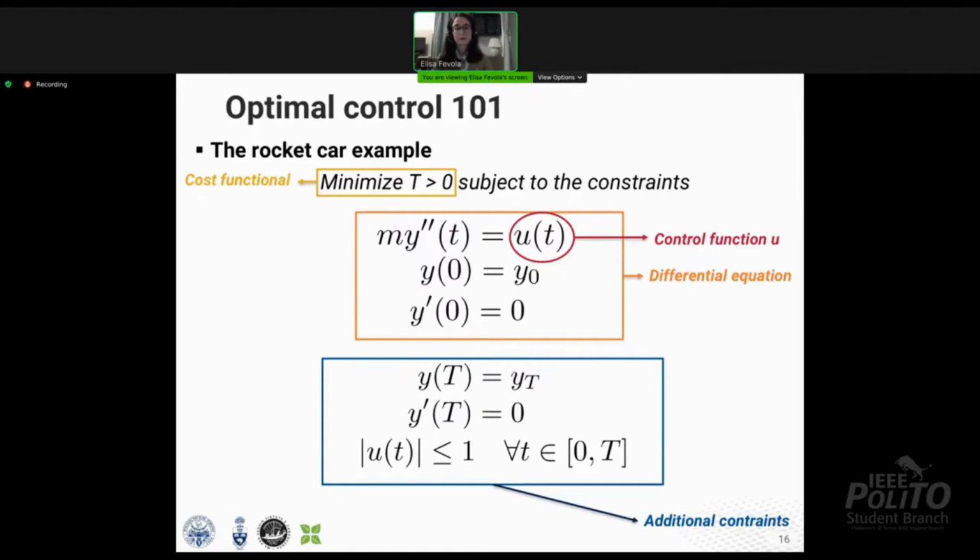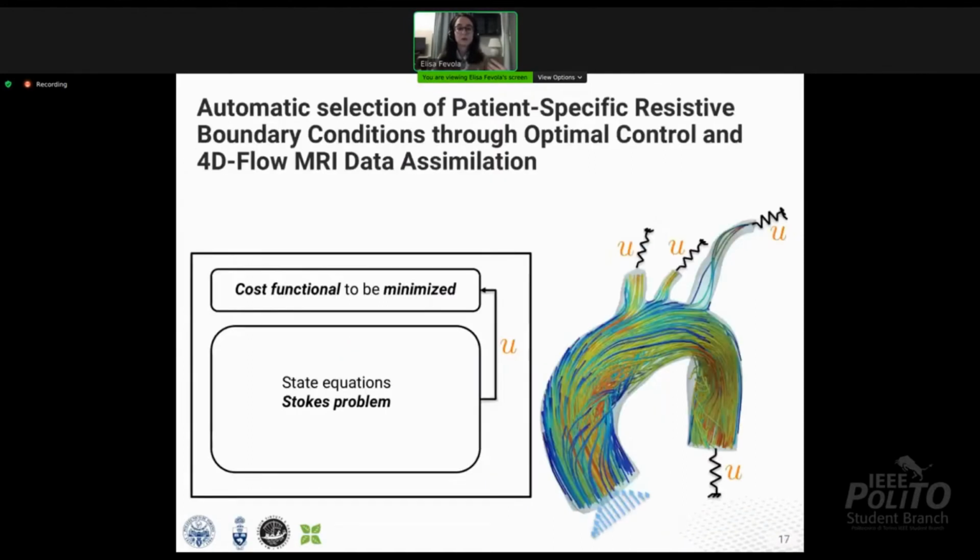So what we decided to use is optimal control to tackle both the problems that I introduced to you before: assimilating data coming from 4D flow MRI, but also selecting automatically the outlet resistive boundary conditions. So what I'm solving, as I told you, is still an optimal control problem. We'll have a cost functional that I'm trying to minimize, which will be constrained to a set of state equations.